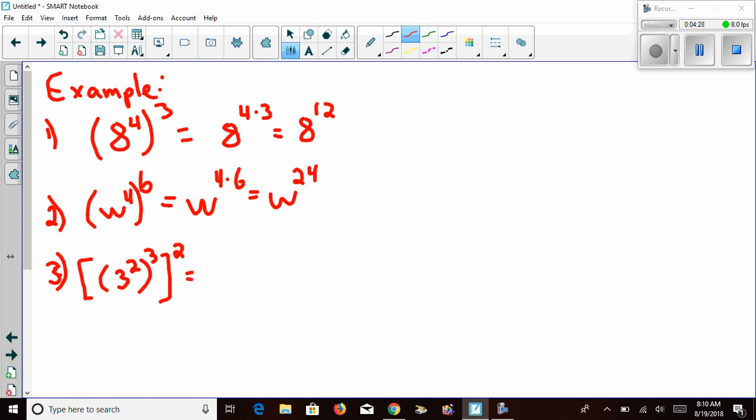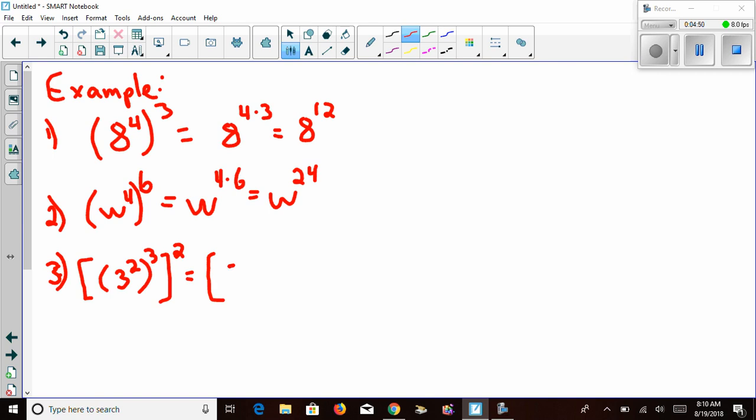In order to solve this, let's start from the most inside term we can. We start at that 3 squared. We see that the 3 squared is being raised to the 3rd power, so we're going to start by multiplying those together.